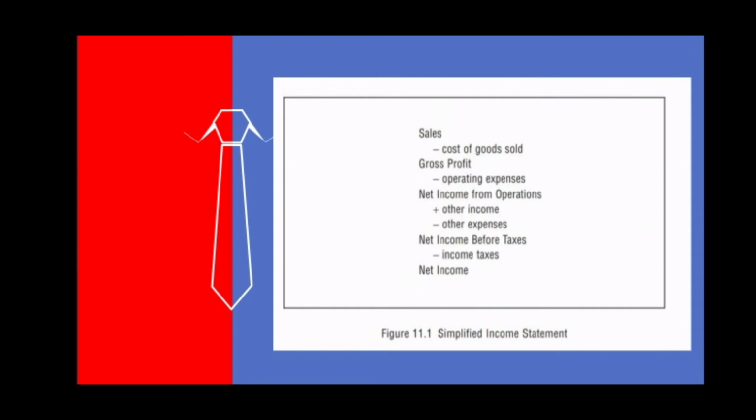Next is net income from operations. Other income is income that does not come from a company's main business, such as interest. Examples of other income include income from interest, rent, and gains resulting from the sale of fixed assets.